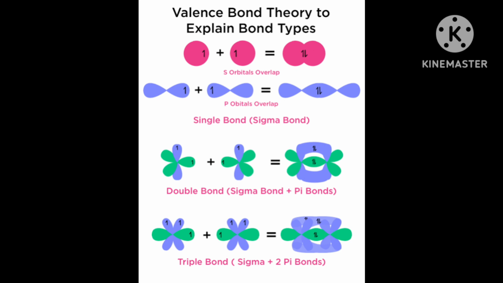There are three p orbitals, px, py, pz. s has only one. But here one d orbital, one s orbital, and two p orbitals have taken part. Total 4: d, s, and 2p. Then it became dsp2 hybridization.